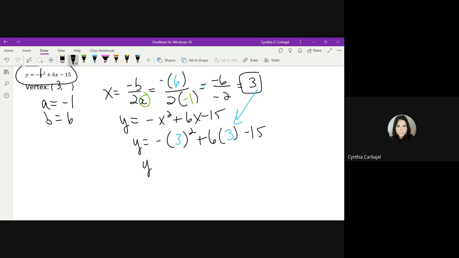And then we're going to simplify that. That negative, though, is outside. So we first square the 3, which gives me a 9. And then you bring down that negative. So it's going to be negative 9. Plus 3 times 6 is 18. And then bring down that minus 15. And then combine like terms. Negative 9 plus 18 is positive 9 minus 15. Wow, I don't know why I can't think right now, but that would be negative 6.